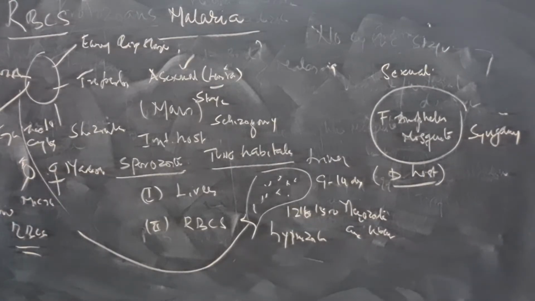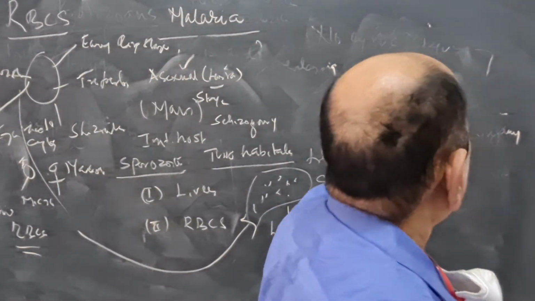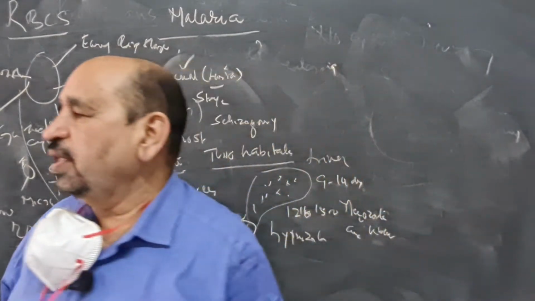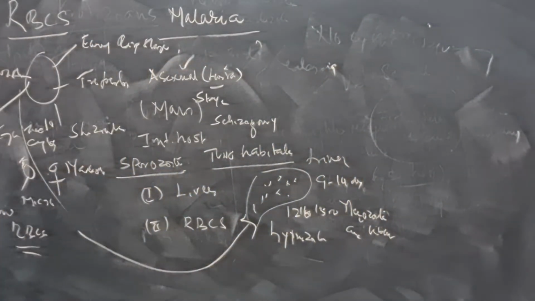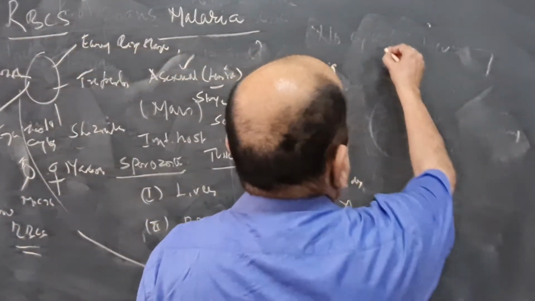And these male and female gametocytes are sucked up by the female mosquito during the blood meal.